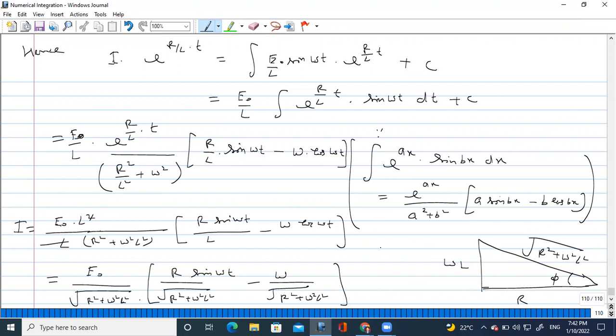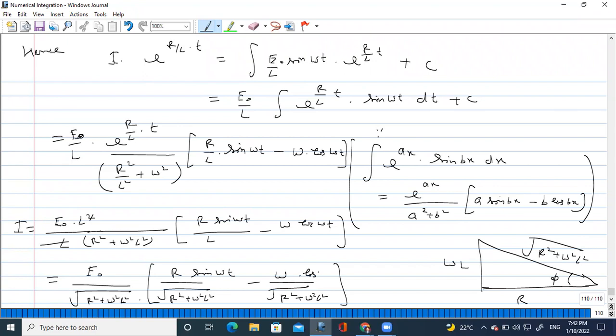So first note down up to here. Now you tell me, this R divided by under root R square plus omega square L square, what will it be? Base divided by hypotenuse, cos phi.